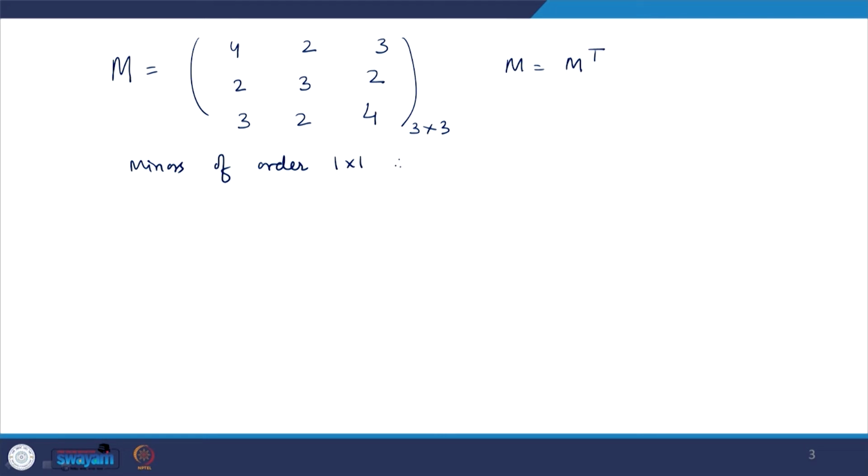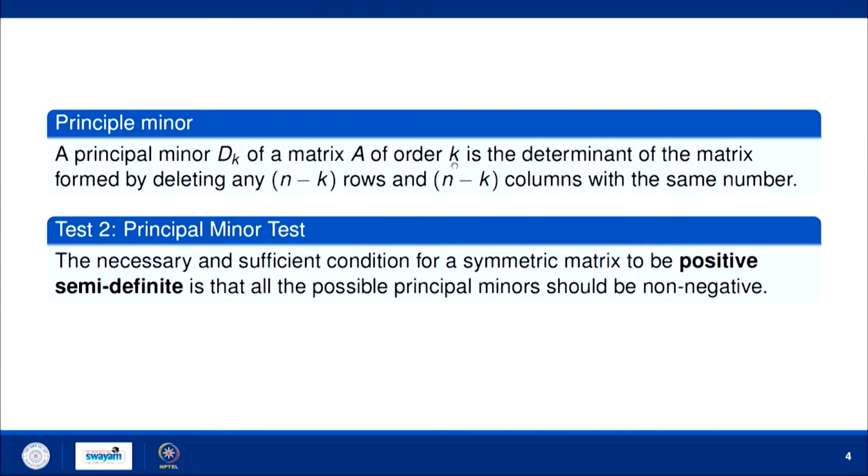So, how do you find minors of order 1 cross 1? You delete the second row and second column, and the third row and third column. What is left with us? 4, and the determinant of 4 is 4 itself. So, it will come out to be 4. Here k is 1 and n is 3, so 3 minus 1 means 2.